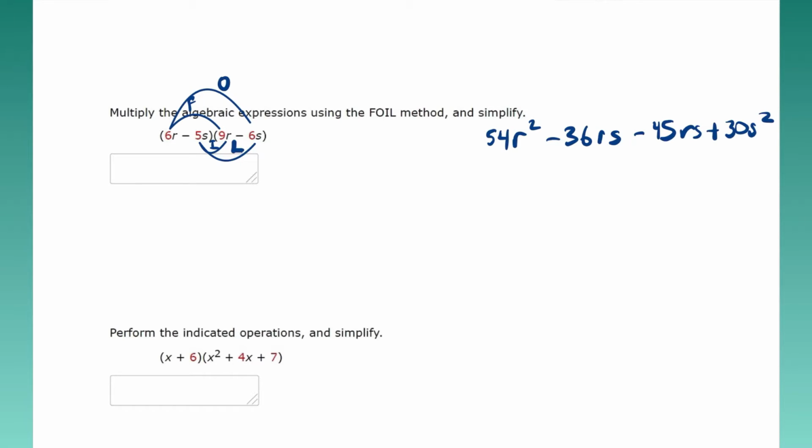The like terms would be these two in the middle. Those both have the same variable, so we can combine them. Two negatives means we add and keep the negative. That's going to be 81. So it's 54r squared minus 81rs plus 30s squared. That is our final answer.